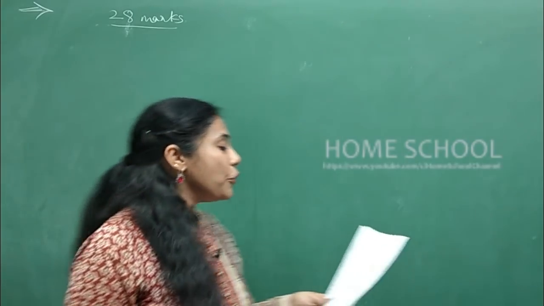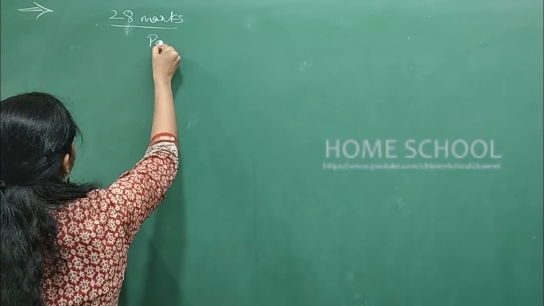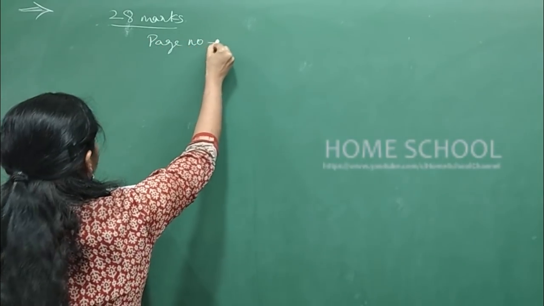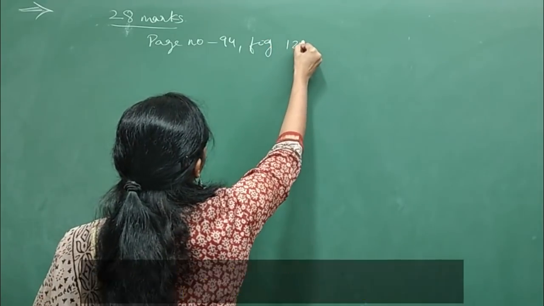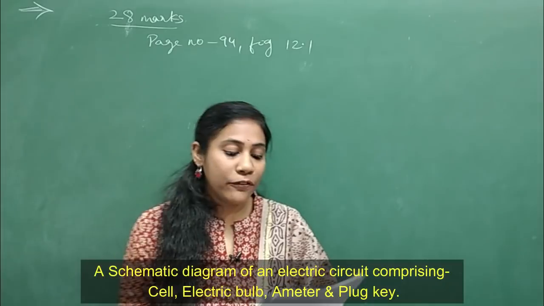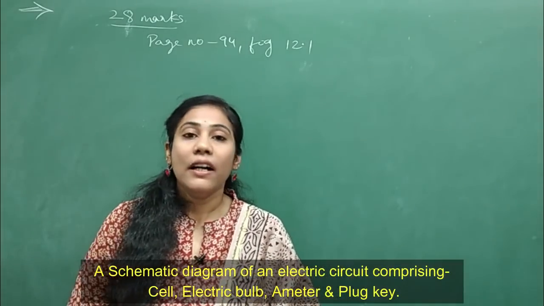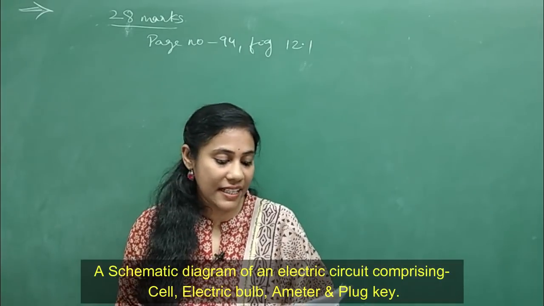Fine. So this diagram you will observe on page number 94 and figure 12.1. Very simple diagram. You have to show a circuit diagram containing electric bulb, ammeter and plug key. That's it.